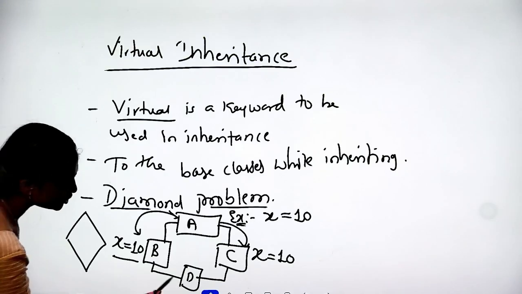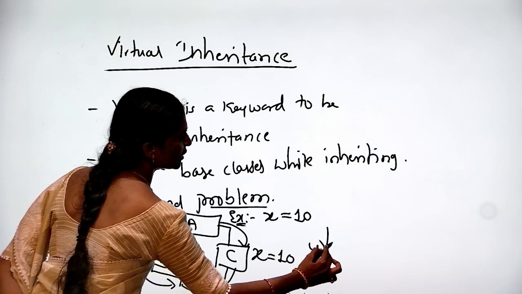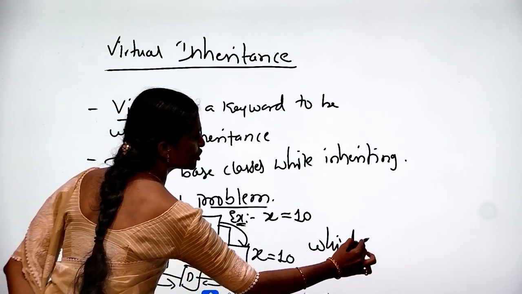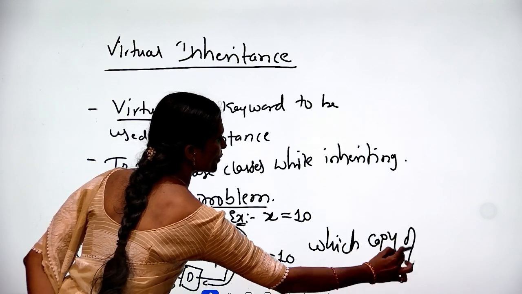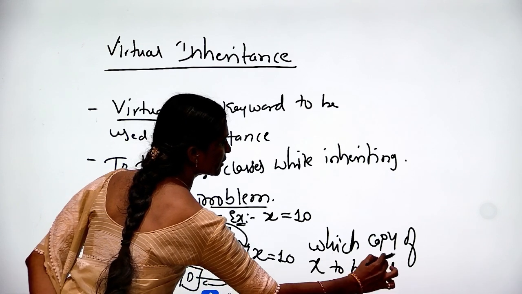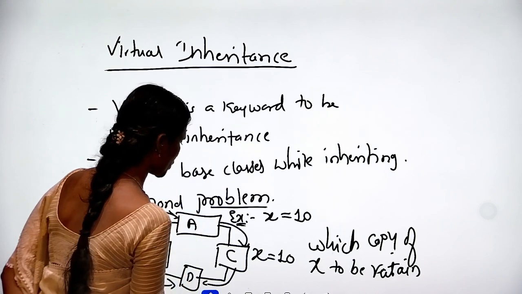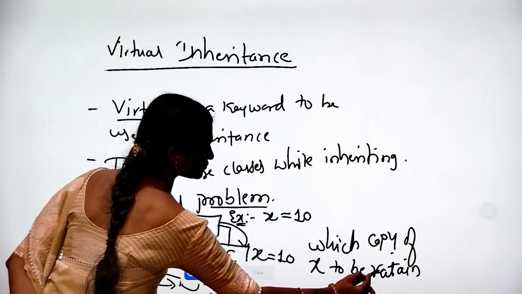Now, D is going to inherit from B and from C. Now, which copy of x is to be retained? That is the confusion.